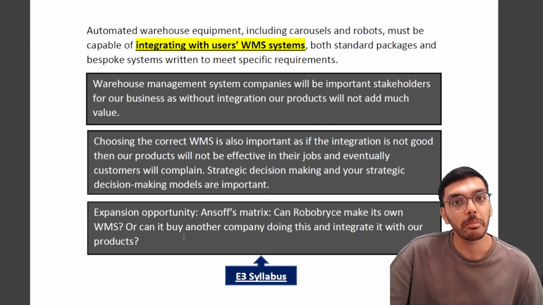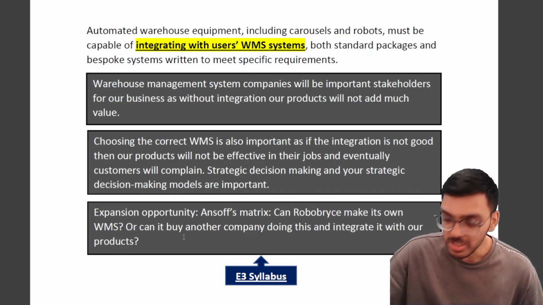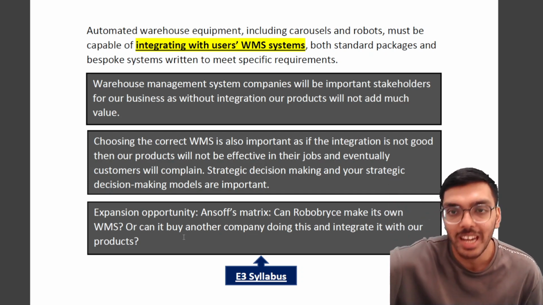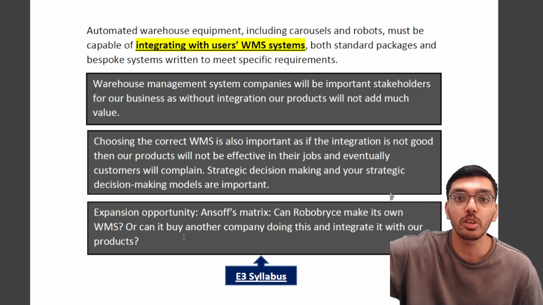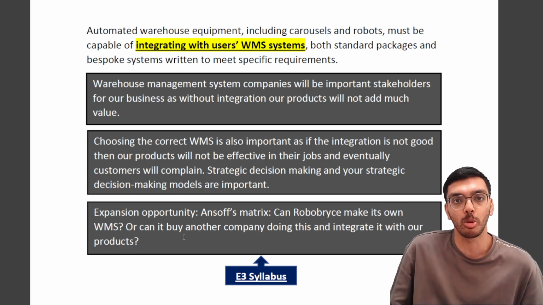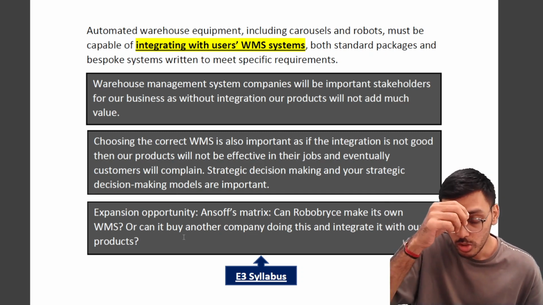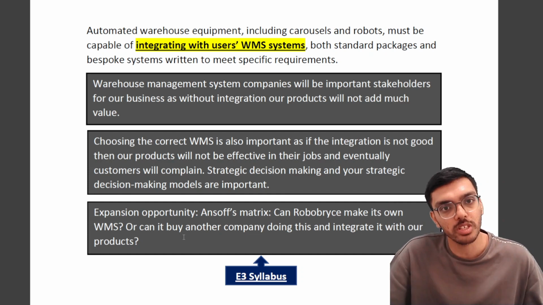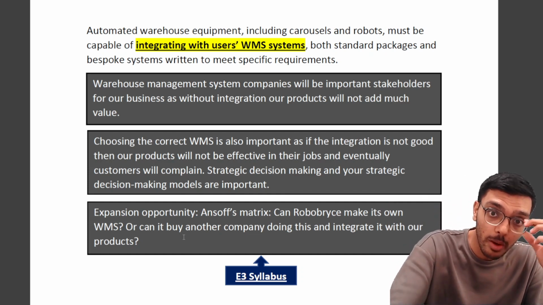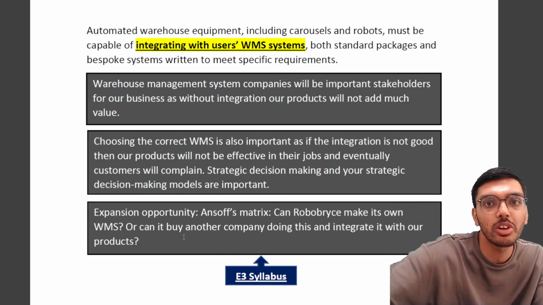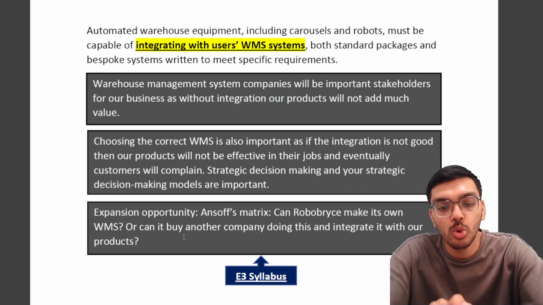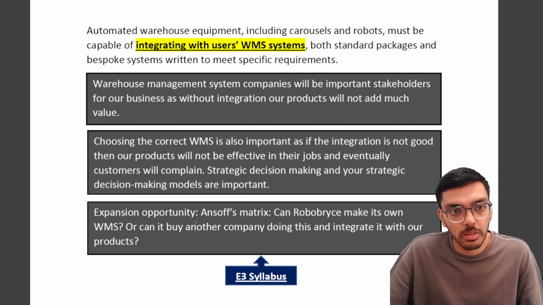Automated warehouse equipment, including carousels and robots, must be capable of integrating with users' WMS systems. Because if the system is telling the robot that this is where the item is, but the robot is not able to follow it, what's the point of the robot? So standard systems as well as bespoke systems, both are ones which your robot and your carousels should be able to integrate with.